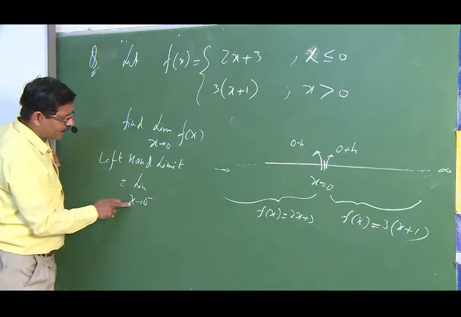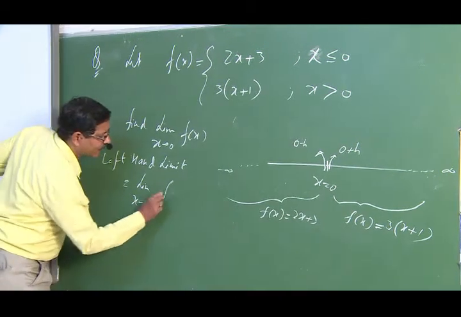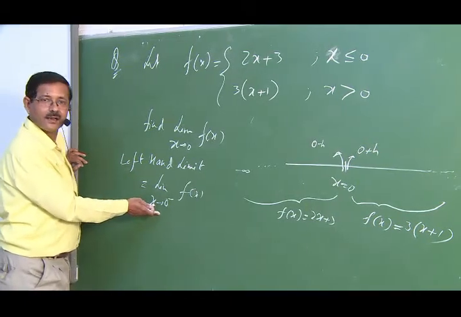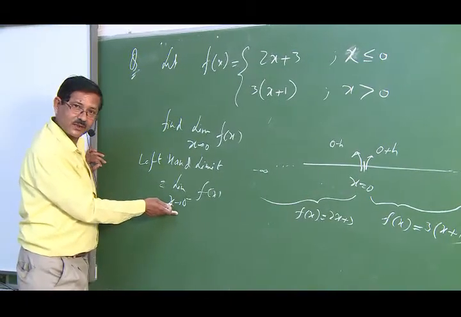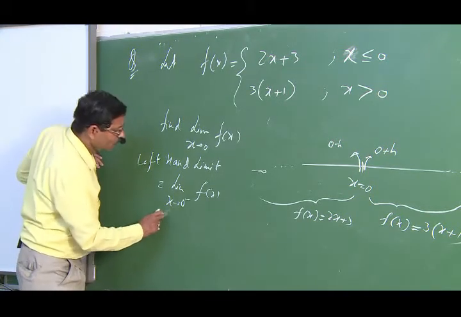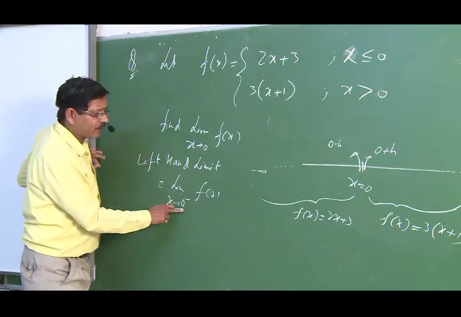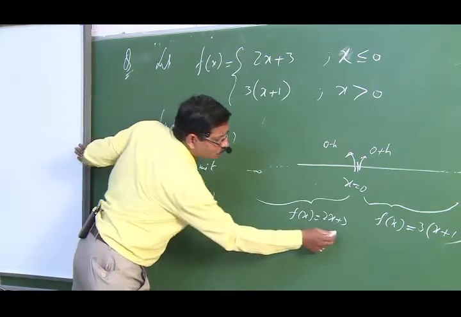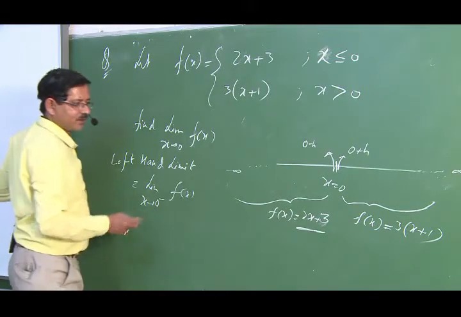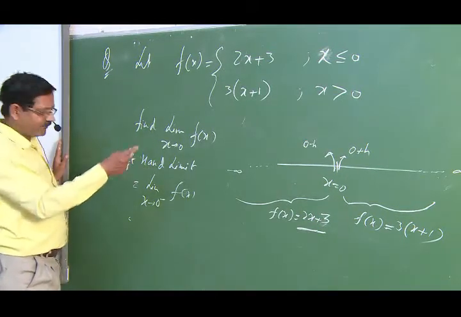Now limit x tending to 0 minus f(x) is the mathematical formula for the left hand limit at point 0. On the left of 0, the value of the function is 2x plus 3.